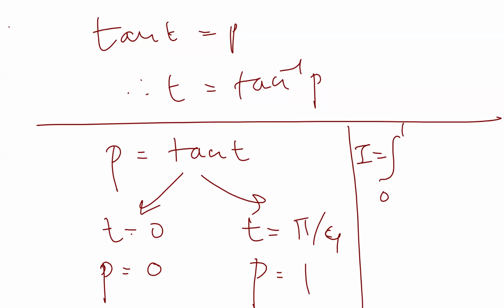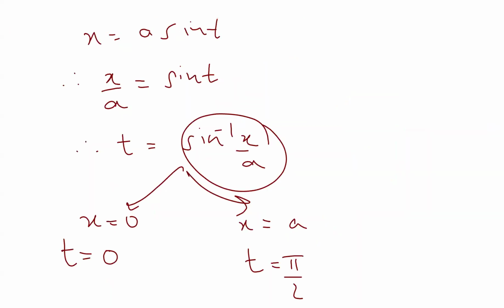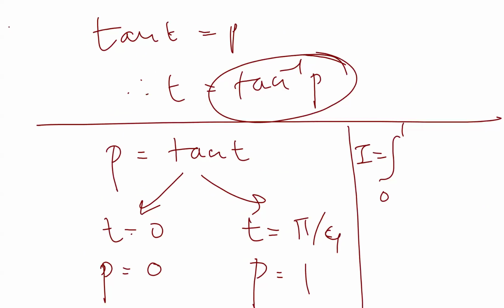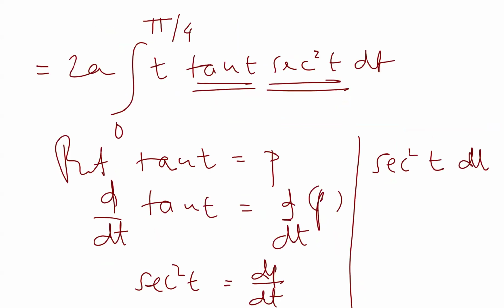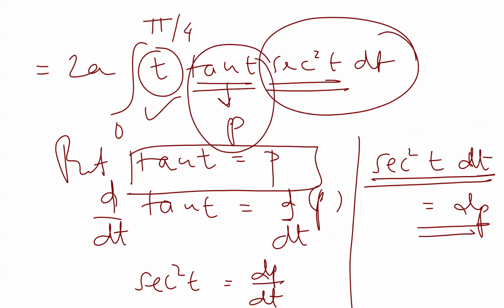Okay, t is tan inverse p. Which t I'm speaking of? I am discussing this t. So it is tan inverse p. Okay, sec square t dt is dp, and this is p.